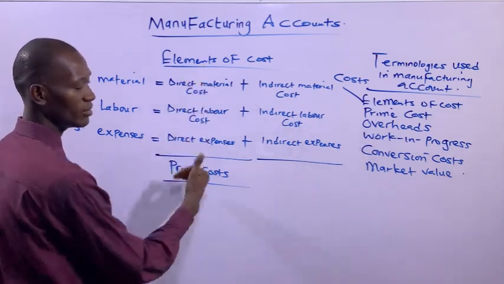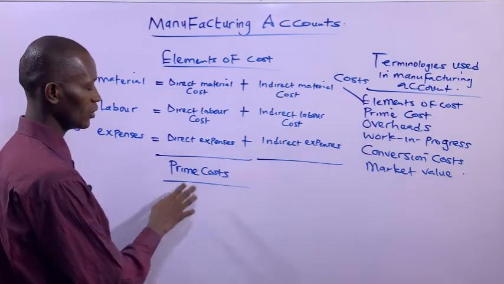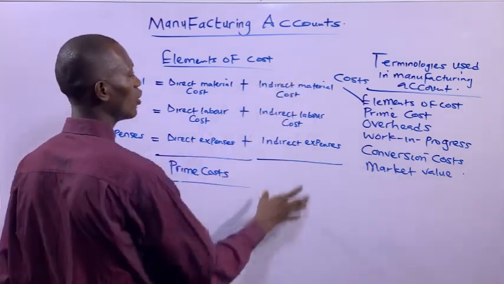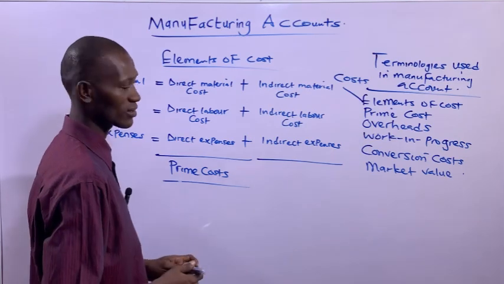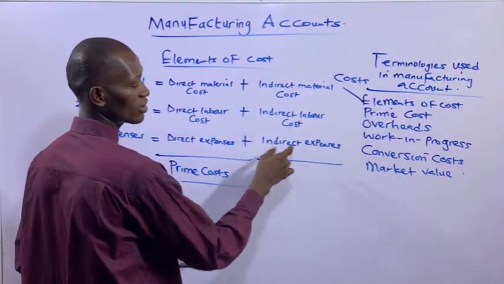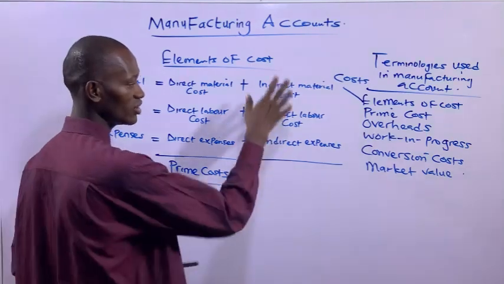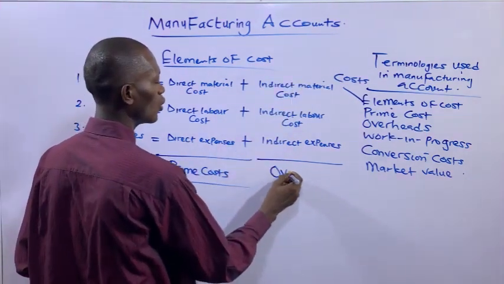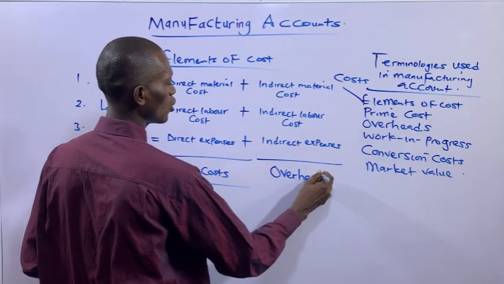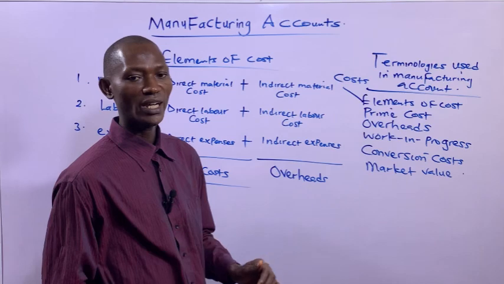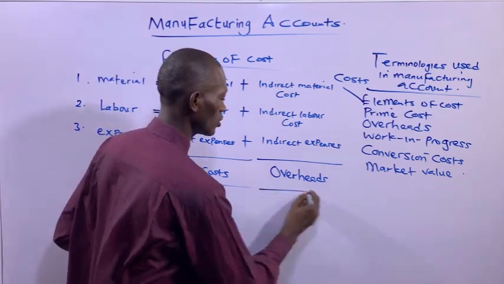Then the addition of all indirect costs, that's indirect material costs, indirect labor costs, and indirect expenses, will give you overheads. So overheads is the addition of all indirect costs.